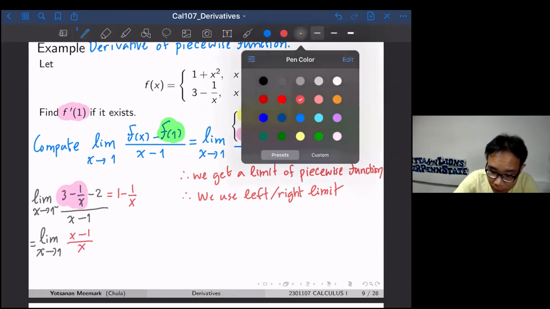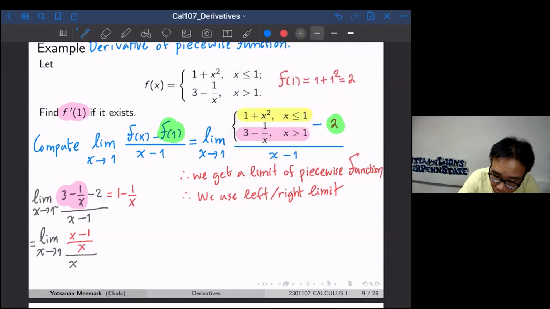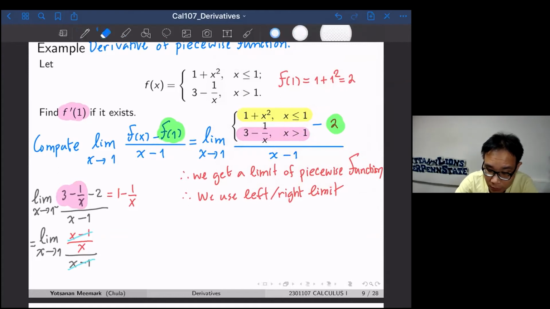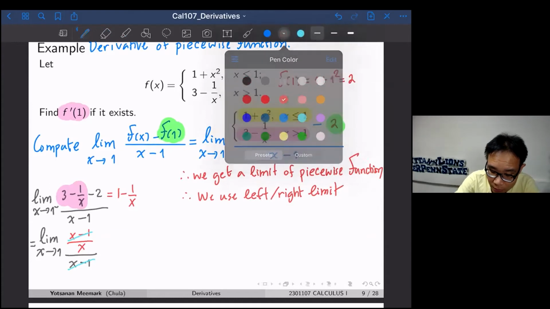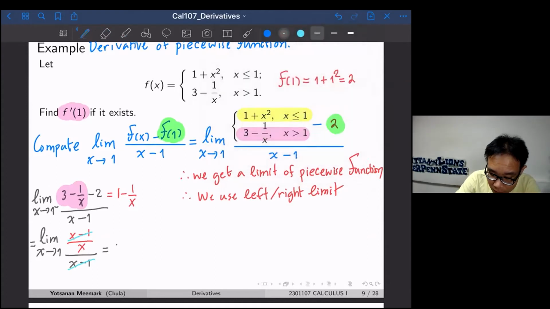And it's going to be over x minus 1. You see that you'll be able to get rid of x minus 1, and you just plug in x equal to 1. So it's going to be 1. So this is the limit from the left side.